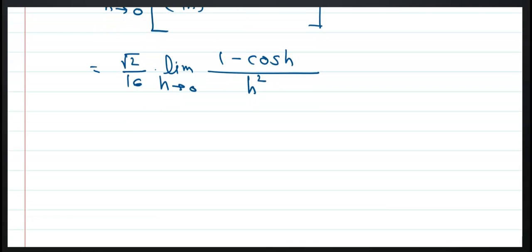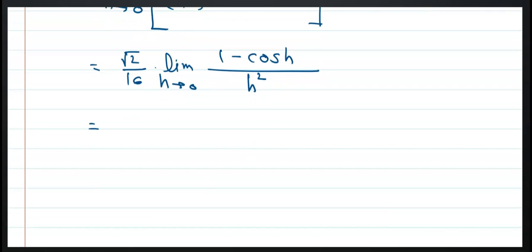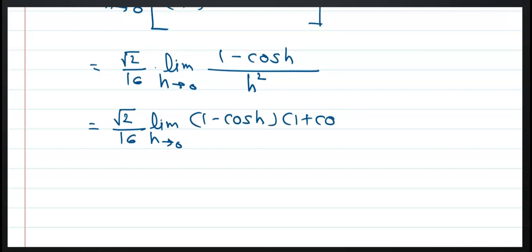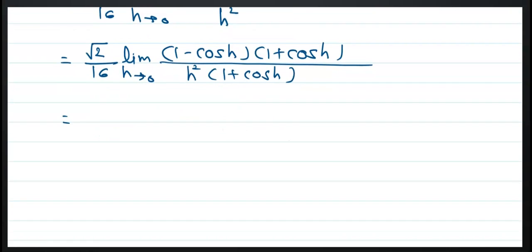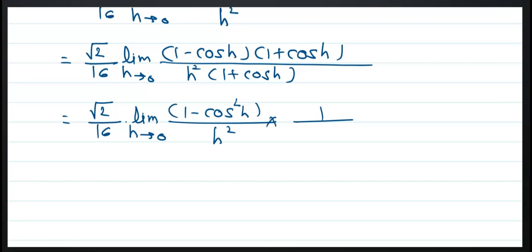Now again multiply numerator and denominator by 1 plus cos h. Therefore you will get 1 minus cos square h upon h square into 1 upon 1 plus cos h.